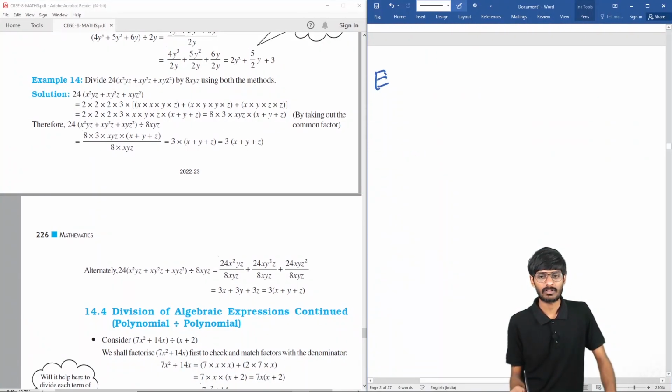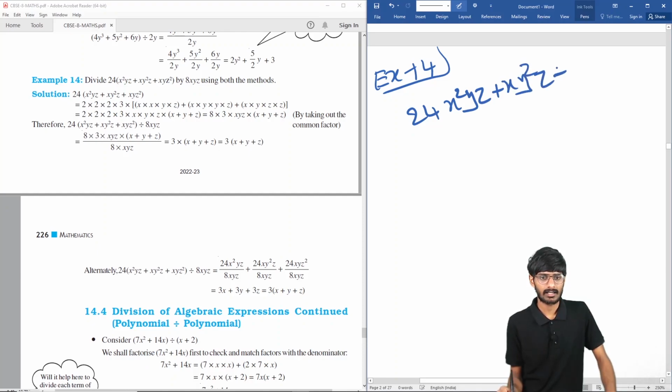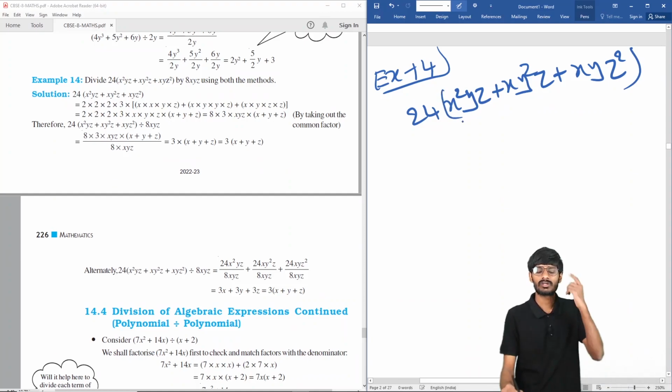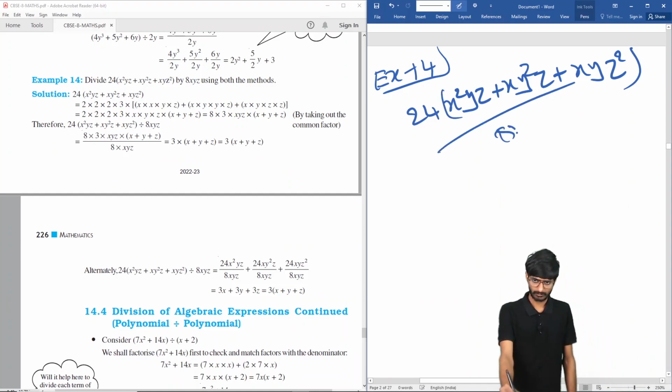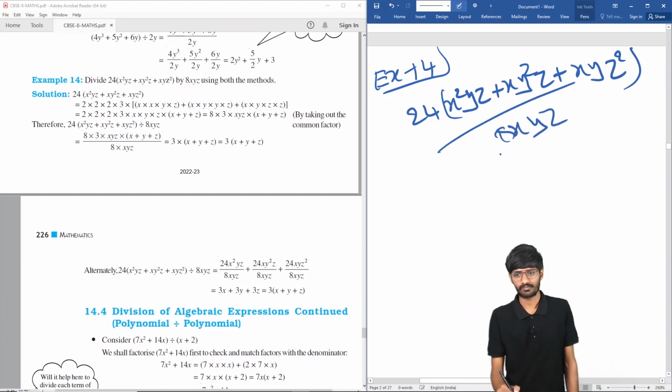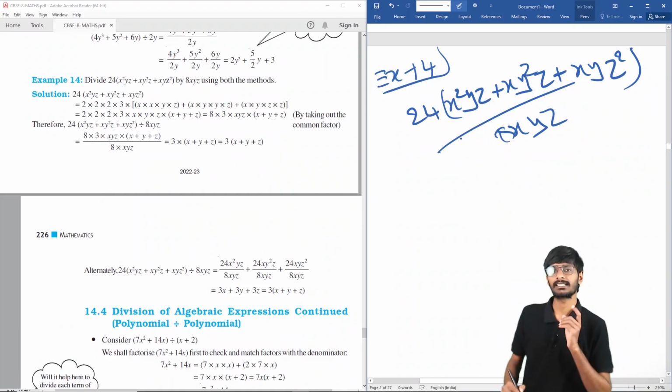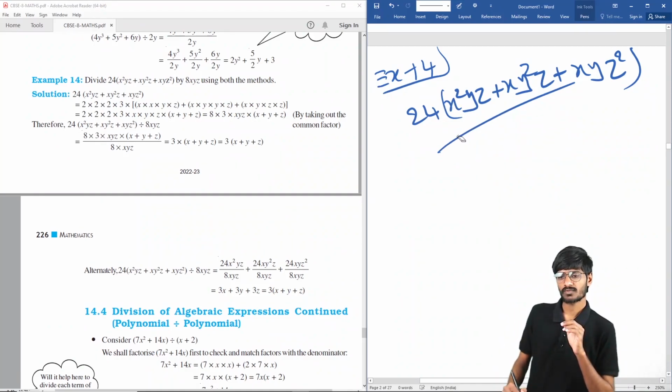Here there is example 14: 24 into x square yz plus xy square z plus xyz square. You have to divide it with 8xyz. So first we have to write it in terms of factors.